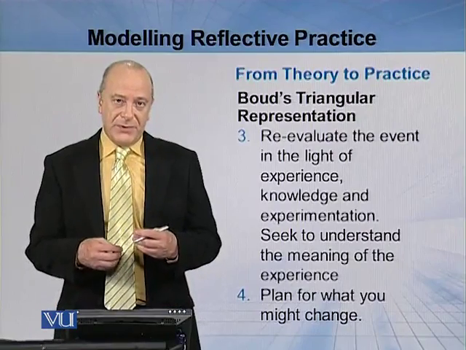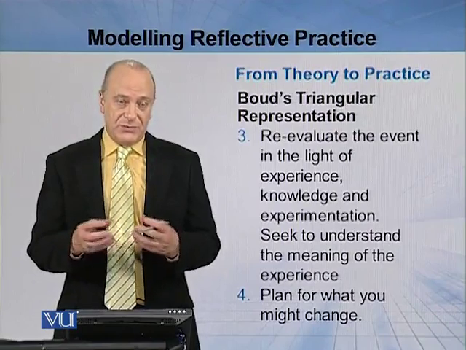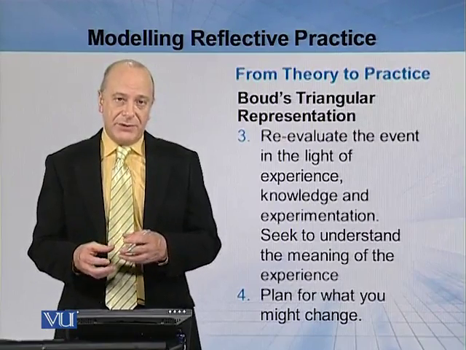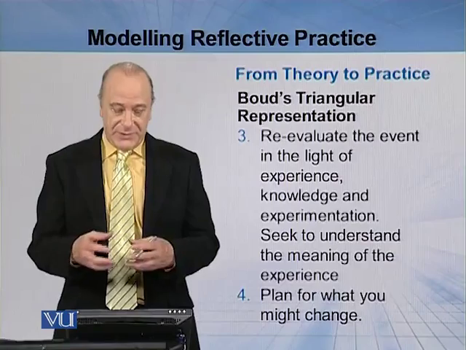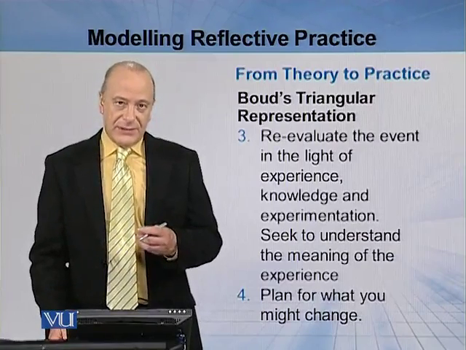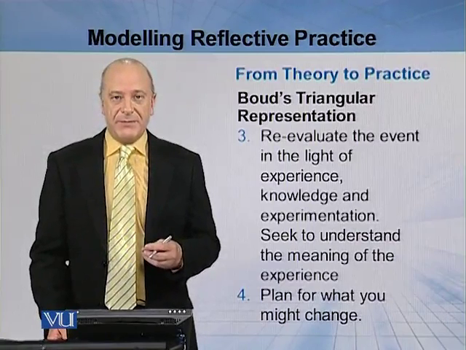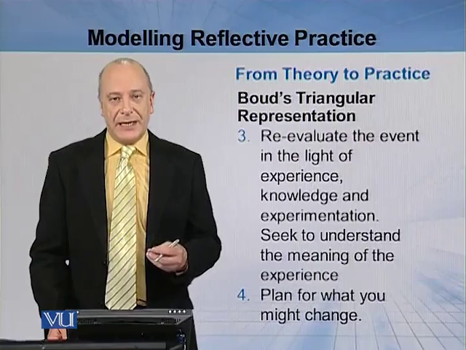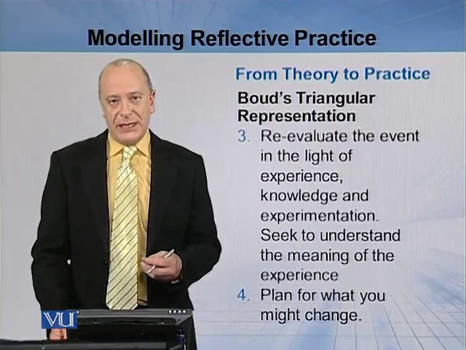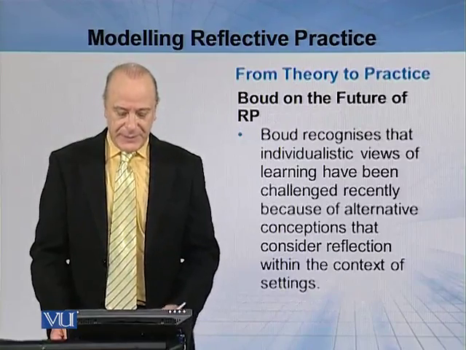And from this very personal reflection comes an evaluation, a re-evaluation of the teaching in light of experience, trying to seek a deeper understanding for it. And from this reflection comes some sort of thinking about action in relation to change. So there is a planning phase to the cycle.